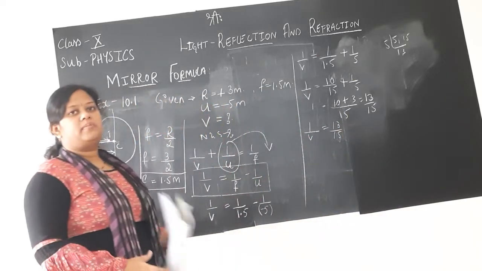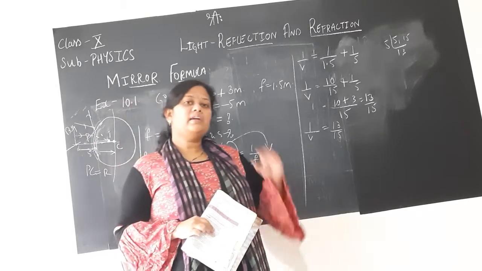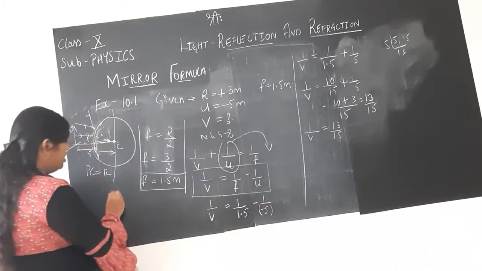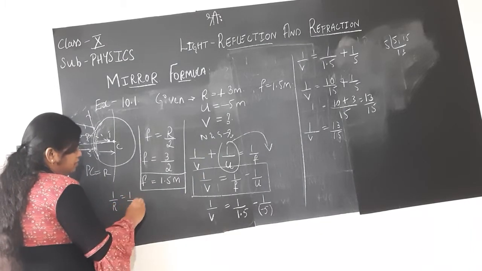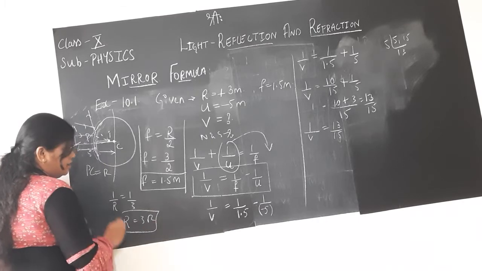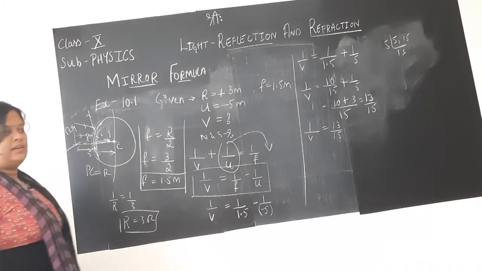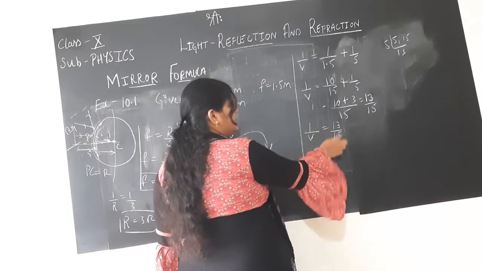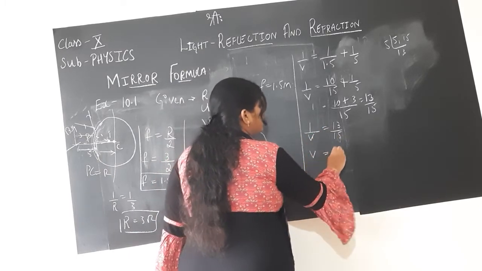In electricity problems, children, when it comes to the parallel combination, you used to do one step. Say 1 by r is equal to 1 by 3, you used to write r is equal to 3 ohms. You equate the denominator and numerator. Similarly, here also, children, 1 by v is 13 by 15, so what is v?